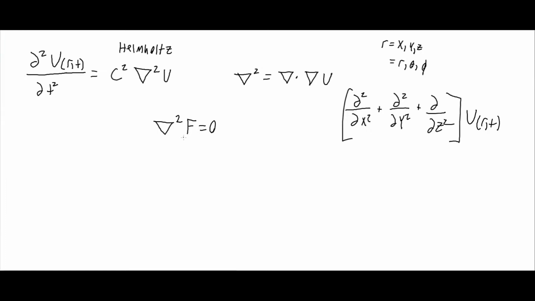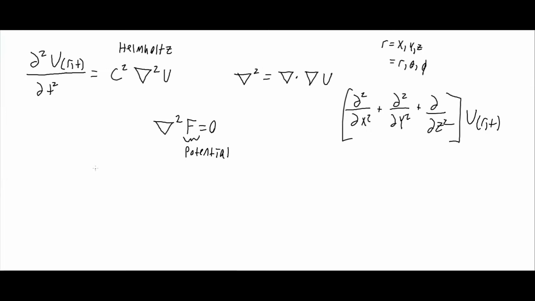So if this was the potential here, then the Laplacian of this potential is equal to 0. But anyway, that's neither here nor there. So we are going to think about this if it is not equal to 0.